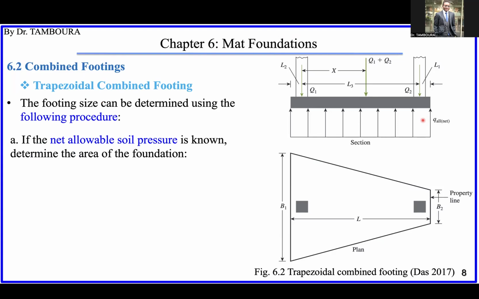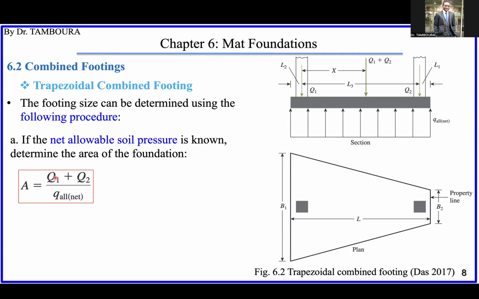So the lab test or site investigation, you can check chapter 2 of this foundation engineering program, and you will understand what I'm talking about. So you know it first, then of course the area will be the force divided by this pressure.